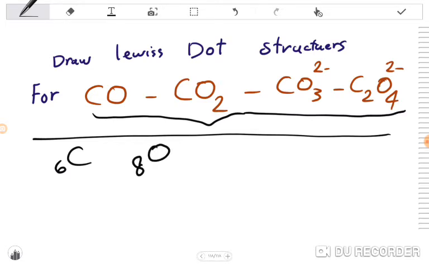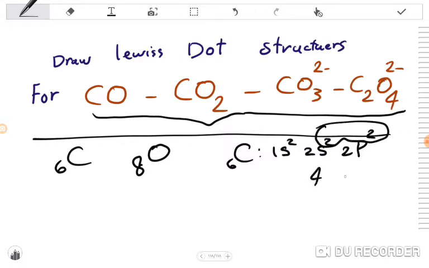If we draw the electron configuration for carbon and oxygen, the carbon electron configuration is 1s2, 2s2, and 2p2. We have 4 valence electrons, okay?